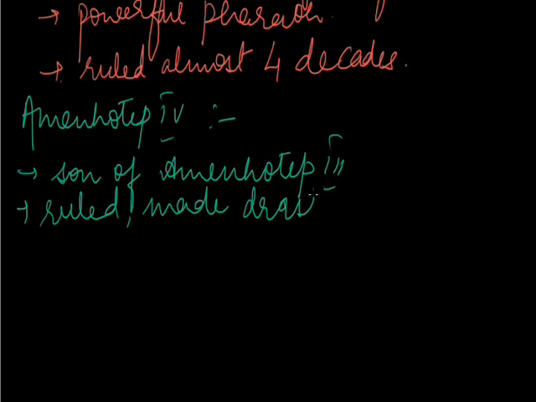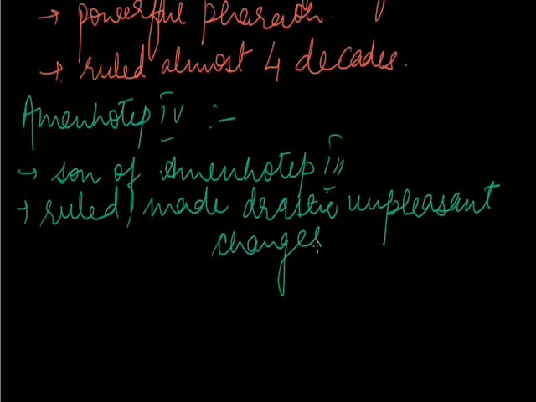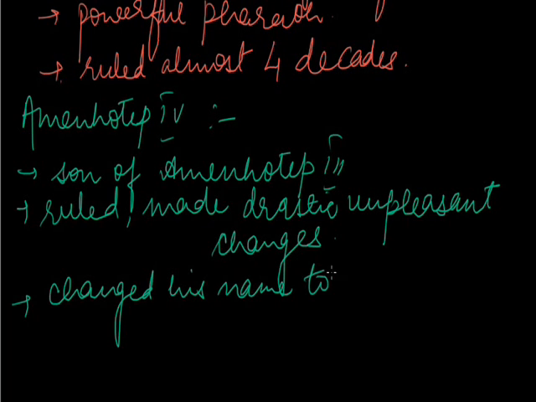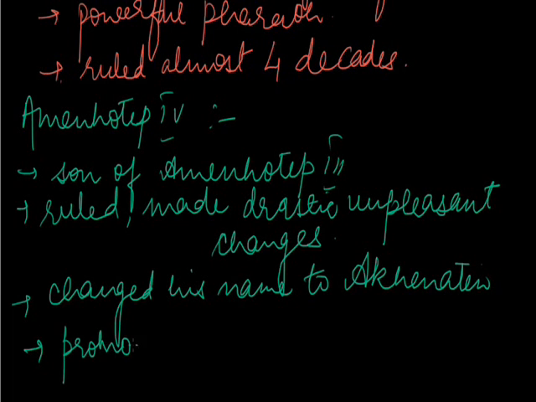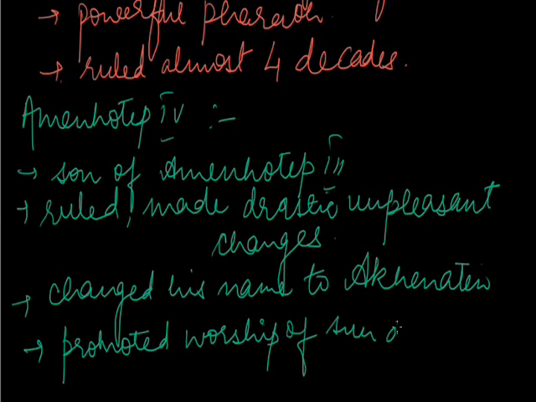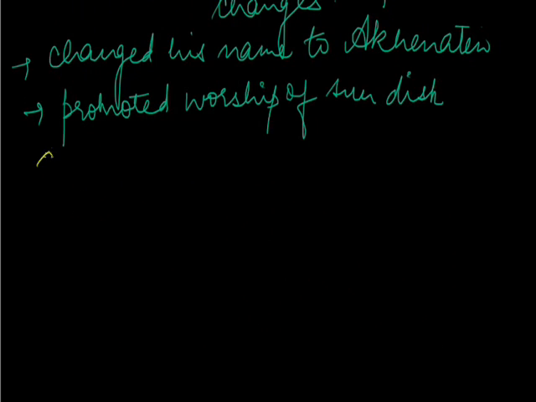Okay, and he ruled, but he made drastic, unpleasant changes, and he also changed his name to Akhenaten. And last but not the least, he promoted worship of sun disk. Okay, now who was Tutankhaten?